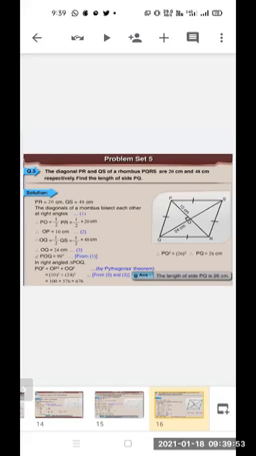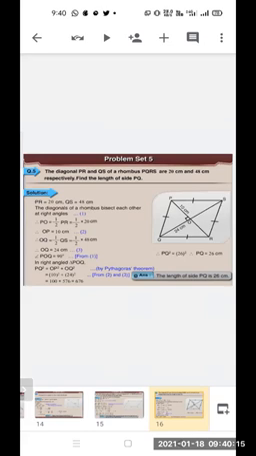We know that in a rhombus the diagonals bisect each other and are perpendicular bisectors of each other. We have studied the properties of rhombus. What are the properties of diagonals?